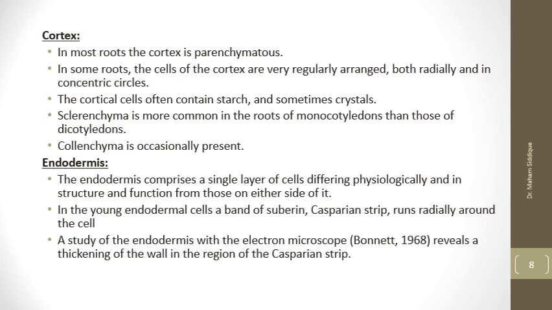Next is endodermis. Endodermis comprises a single layer of cells different physiologically and in structure and function from those on either side of it. In the young endodermal cells, a band of suberin, the Casparian strips, runs radially around the cell and is thus seen in the radial walls in the transverse sections of roots.